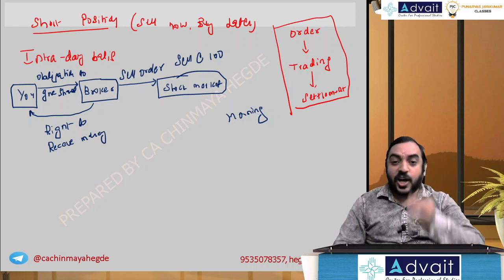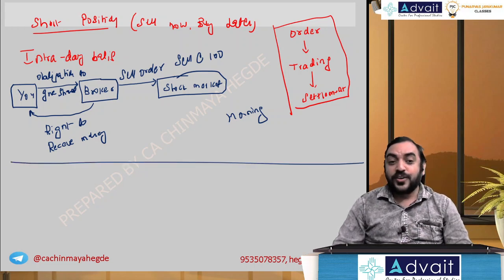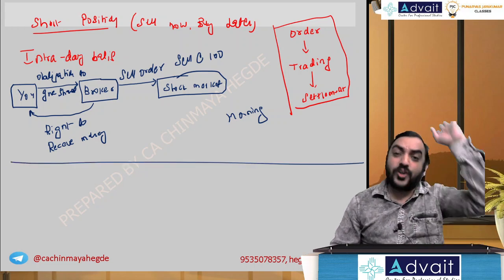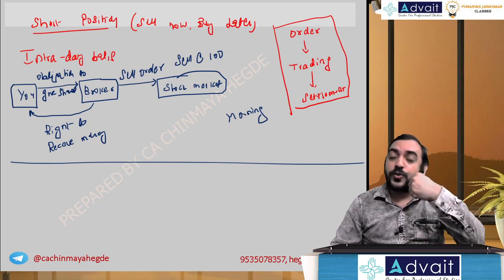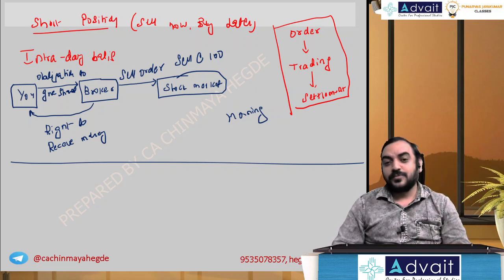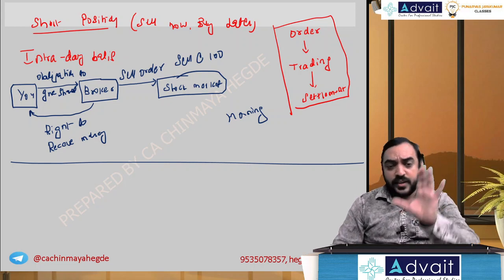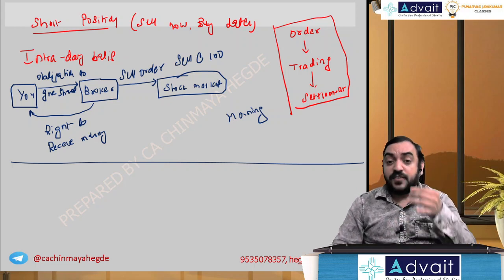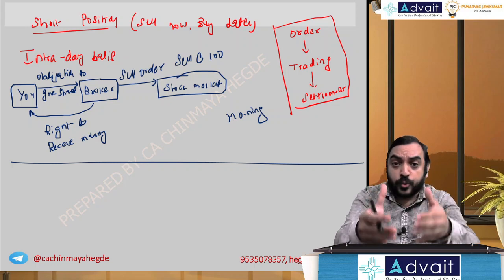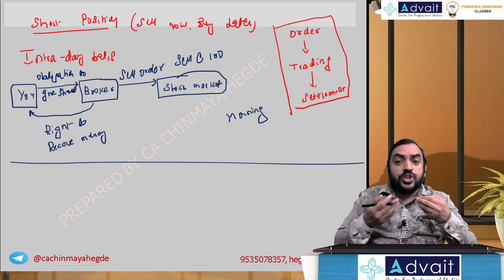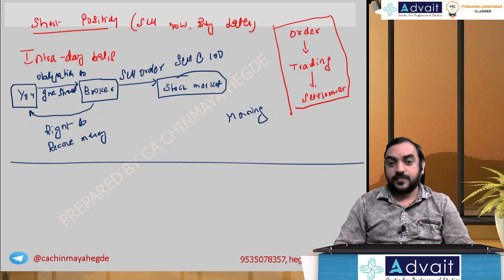Now, in the evening, before the market closes, what do you do? In the morning, you told the broker to sell, and the broker did it. So, in the evening, what should happen? The broker will give the money to you, you should give the shares to the broker.